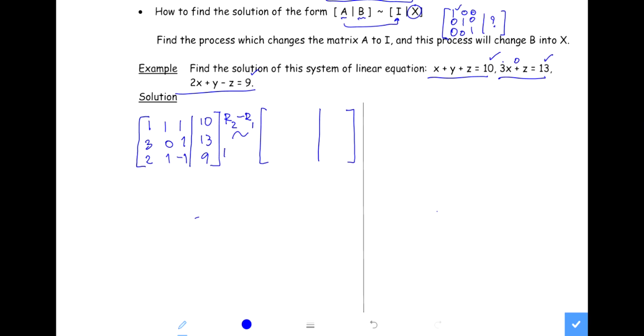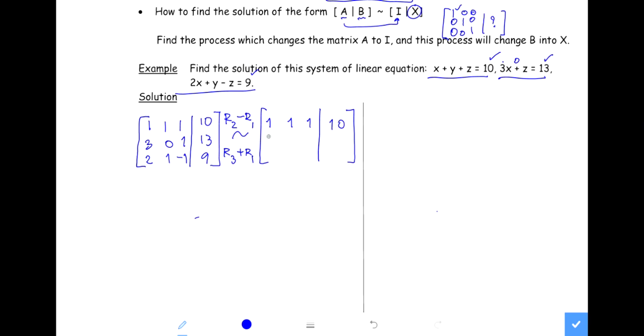So R3, your negative 1 can disappear if you add yourself with this 1 in row 1. R3 add yourself to row 1. We don't write R1 in front, since R1 is fixed. So we will have 1, 1, 1, and 10.